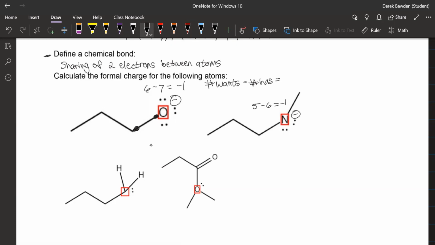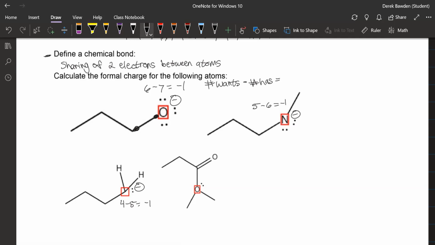Okay, nitrogen is in the 5th column, so it wants 5 electrons. Okay. How about carbon? How many does carbon want? 4, right? And how many does it have? 5. It does have 5, so 4 minus 5 gives -1. I apologize, these are all negative so far.